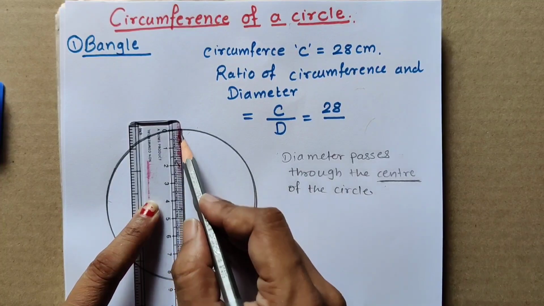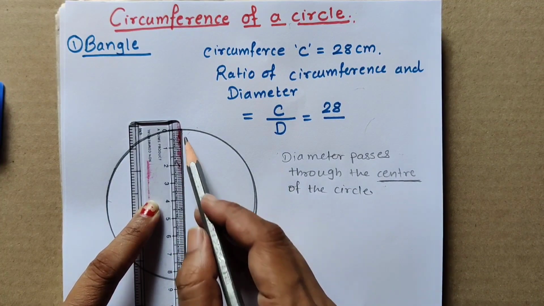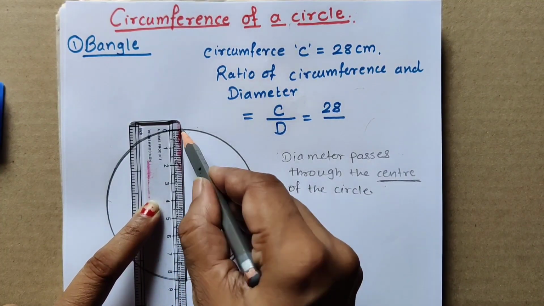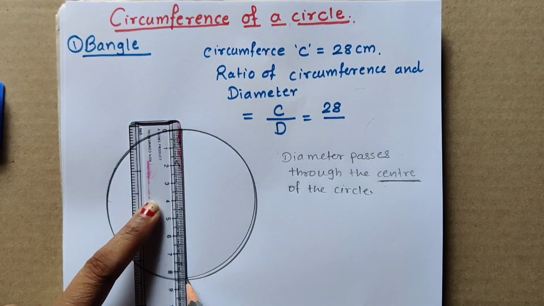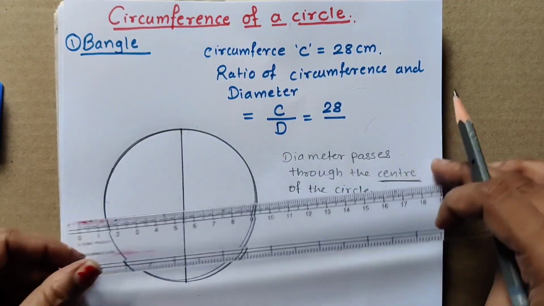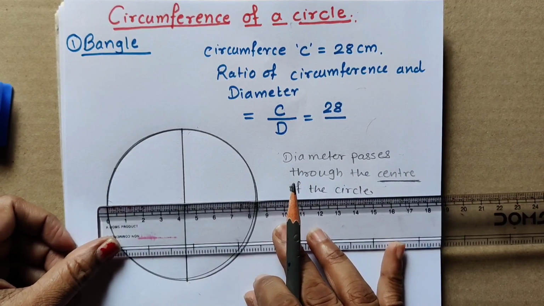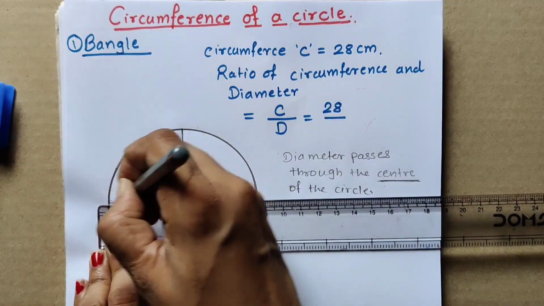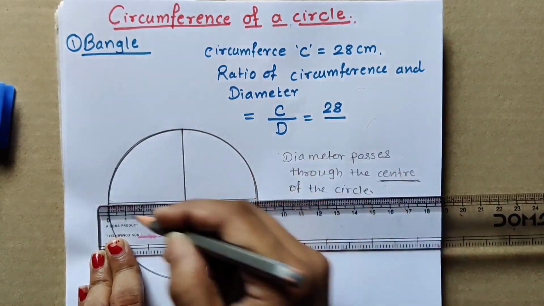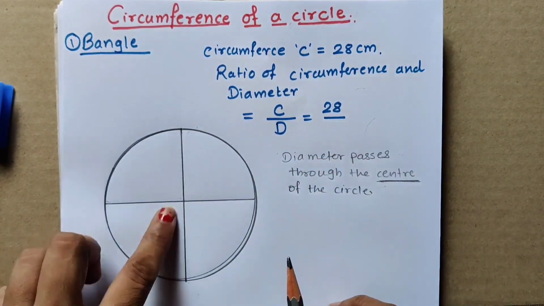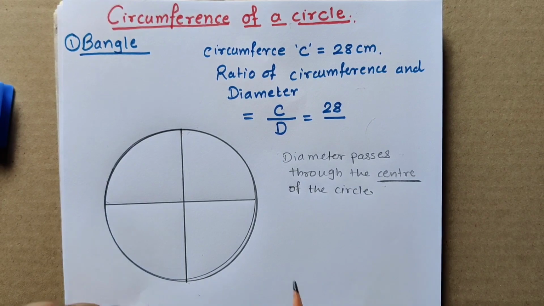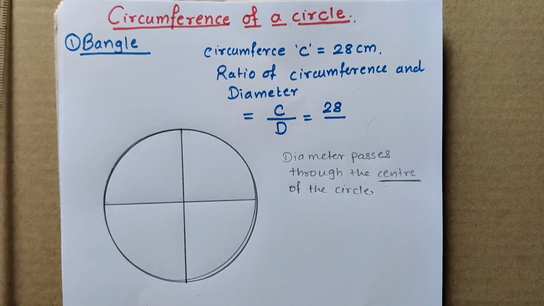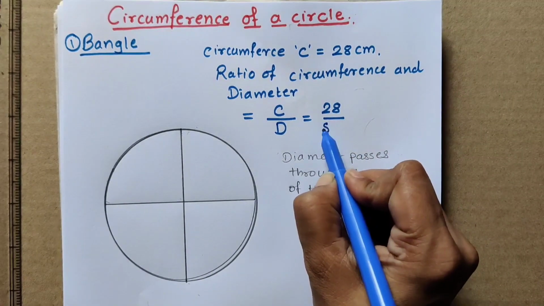It is near about 8.5, as you all can see, its first point is at 0 and second is at 8.5. Similarly, if I draw a horizontal line, let us see where it touches. Again it is 8.5. So in this way, approximate diameter we are getting 8.5 here. So I am going to write here 8.5.